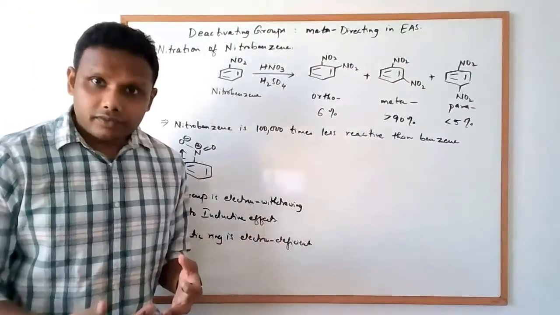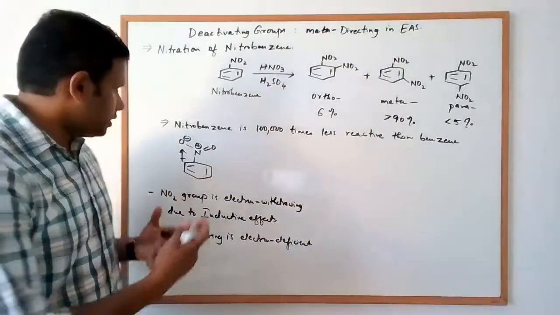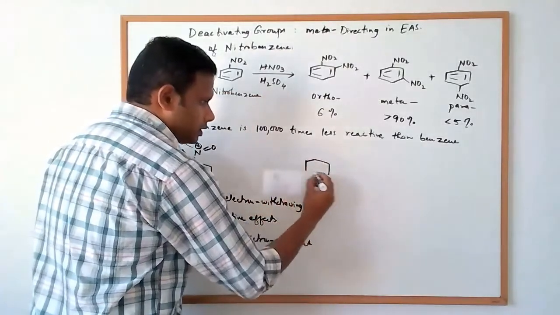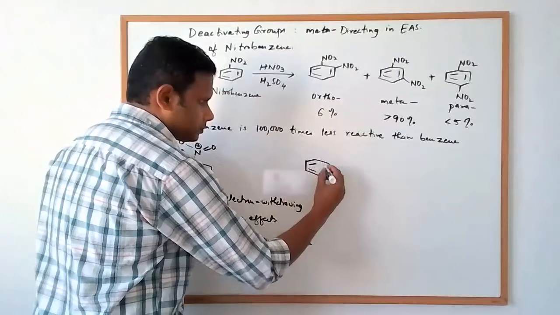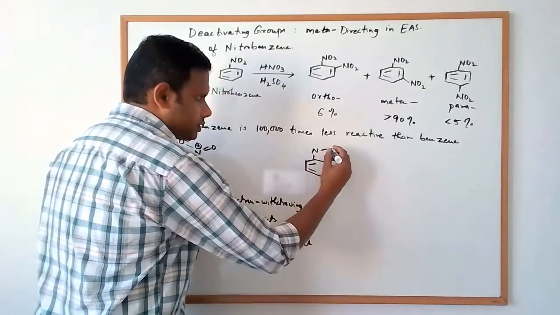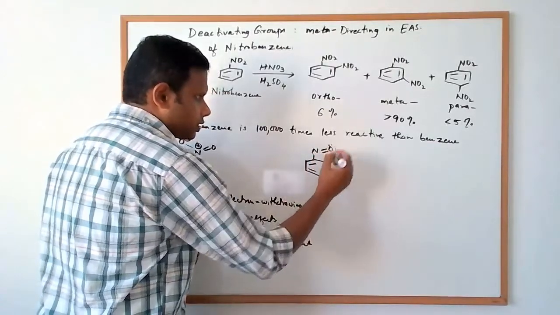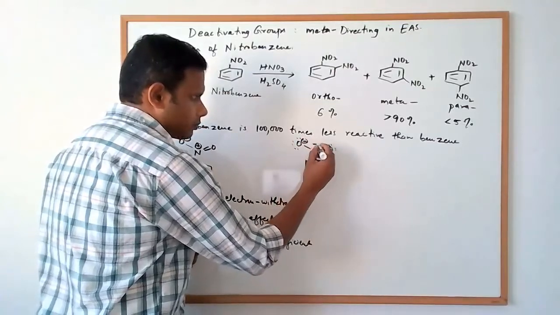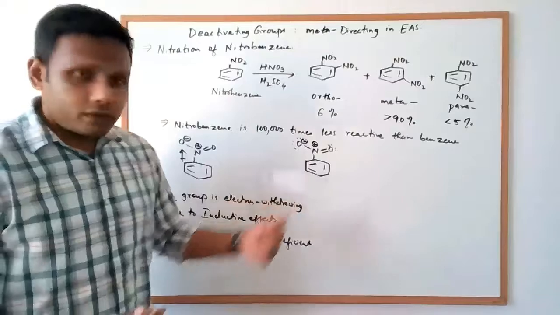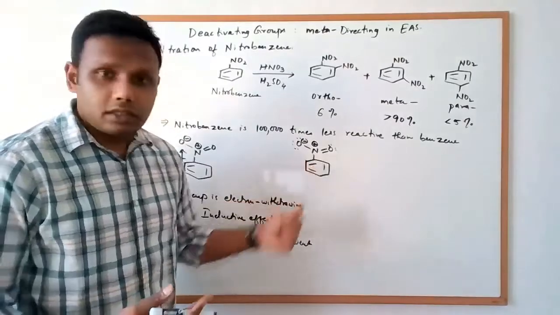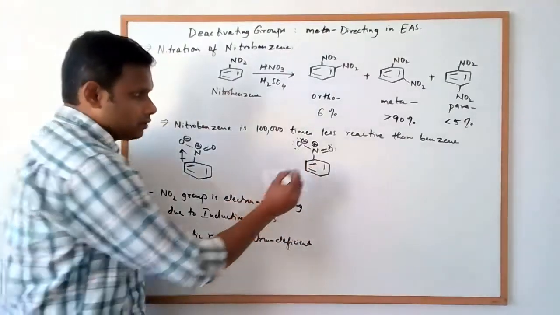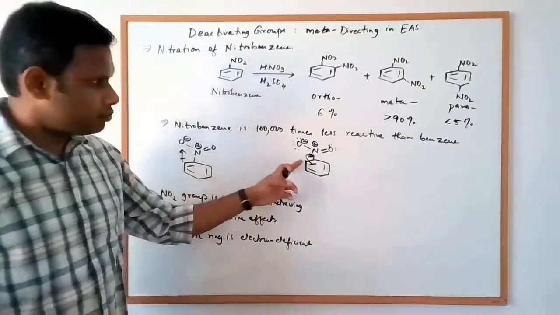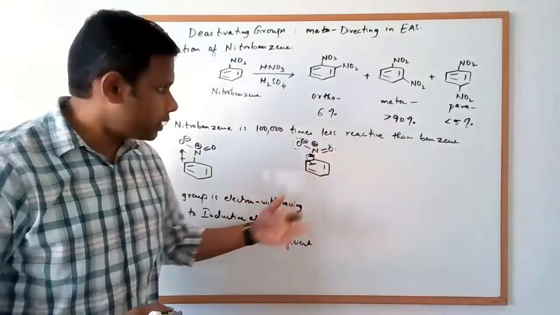Now, the other factor that's usually at play is resonance. So we can consider resonance in nitrobenzene. If we start with the Lewis structure for nitrobenzene, what we can do is start pushing electron pairs from the pi bond here. In this particular case, the pi bond is going to move outside the ring.